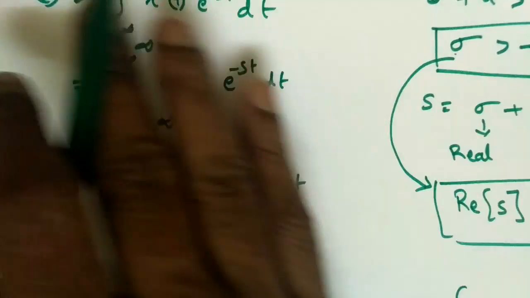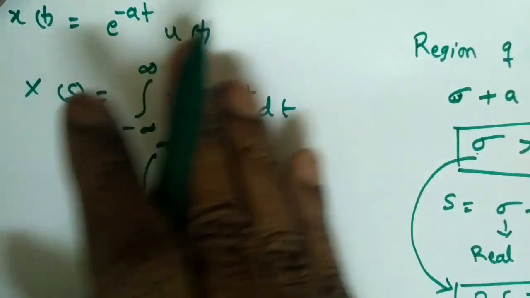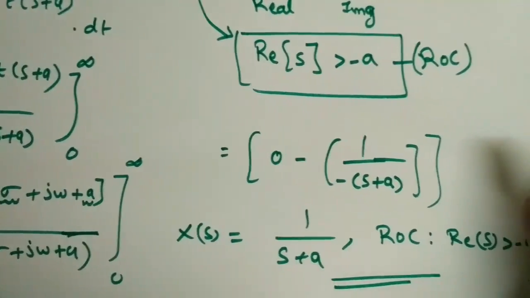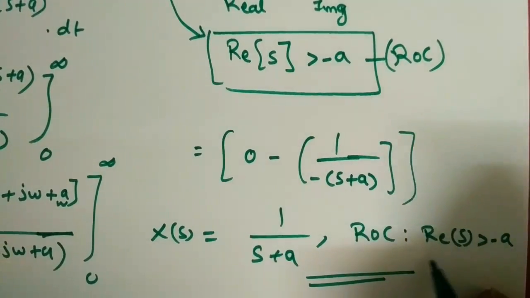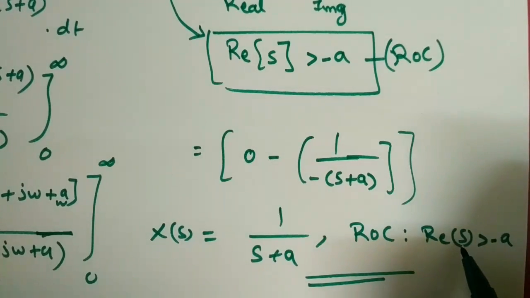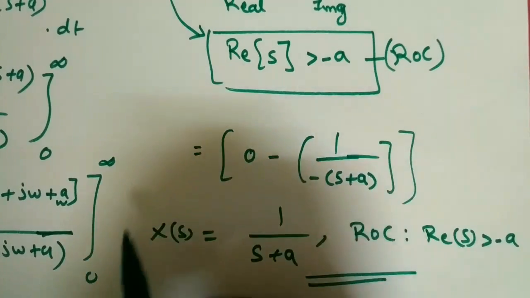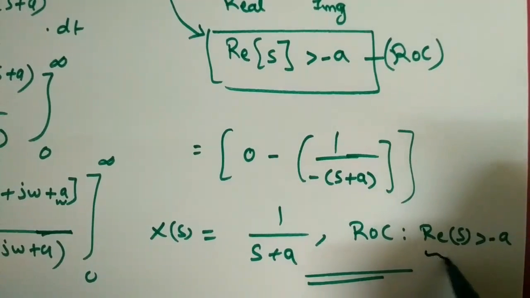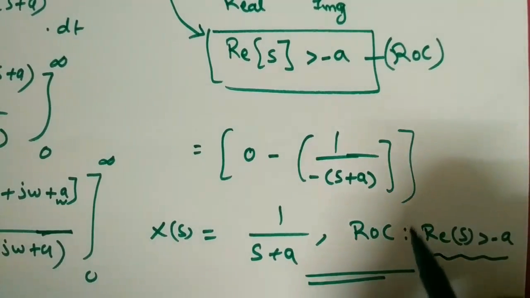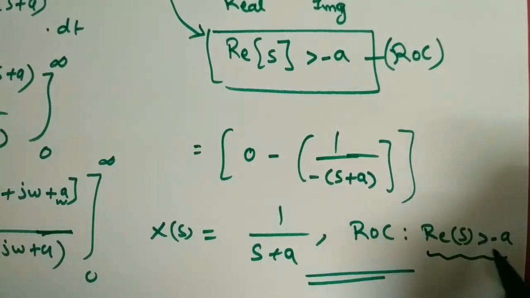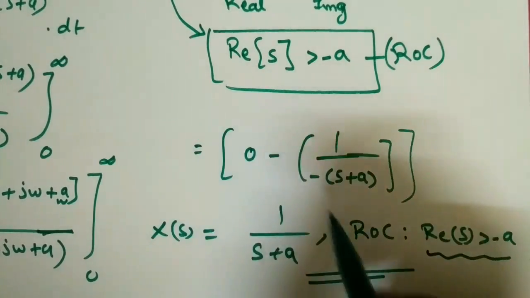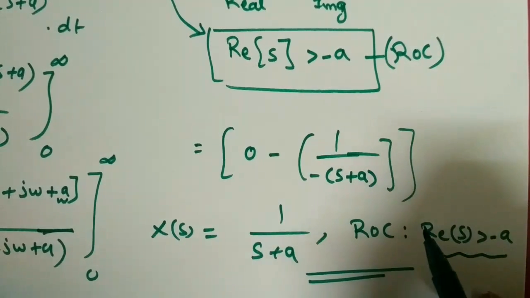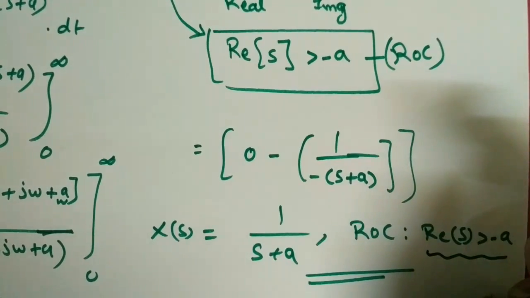Similarly, this Laplace transform is applicable to all the unstable signals also, unbounded signals also, but there is a condition that only for some values of the real part of s, or some values of sigma, will it converge, not for all values. That is represented by this ROC. So only for some values of real of s greater than minus a will this be applicable or converge, right? That is what this ROC is telling here.